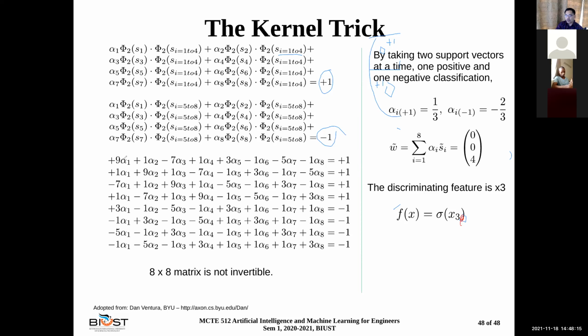Now you have 8 equations. You repeat this for S1; for S1, this is the value. For S2, that is this equation here. For all the positive classification, you have S1, S2, S3, and S4. For the negative classification, you do the same thing for S5, S6, S7, and S8.